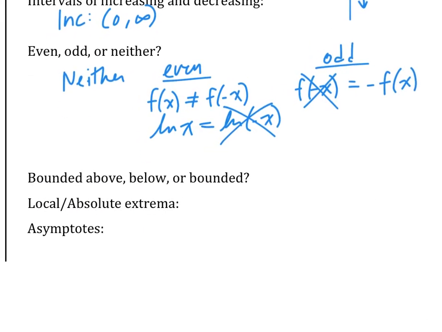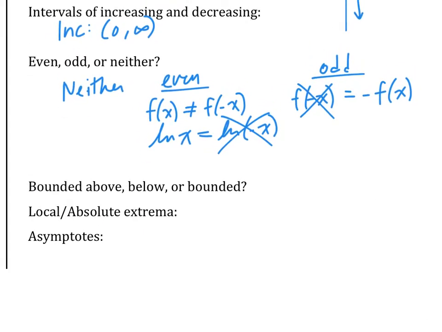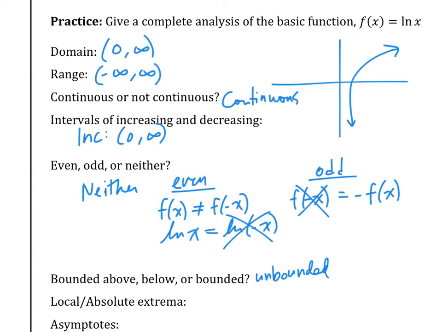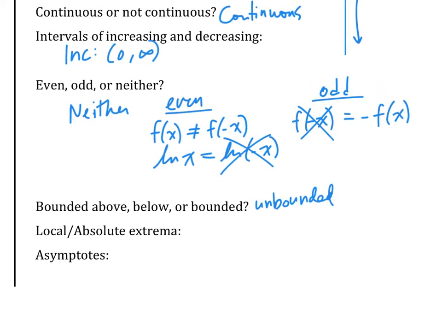Next, Penny, boundedness. Bounded? No. Andy, you want to try? Unbounded. Yes, unbounded. So you can always check by looking at the range. The range is all real numbers, so it's unbounded.